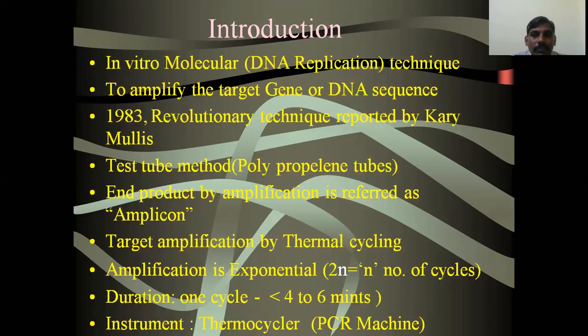The name itself suggests that polymerase means it requires an enzyme, that is DNA polymerase. Chain means the reaction is continuously repeated again and again for several cycles. That's why it is a chain reaction. So based on this process, the technique is named PCR, polymerase chain reaction.